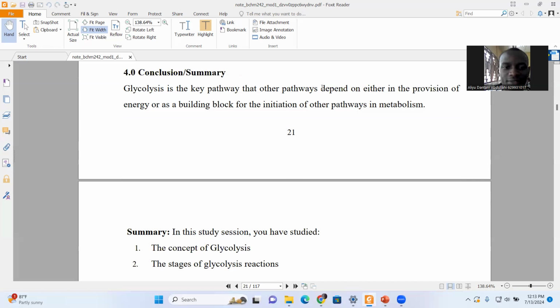They depend on it for provision of energy or as building blocks for initiation of pathways in metabolism. It's either production of energy, catabolism, or biosynthesis of molecules, that's anabolism. Basically, this statement just described metabolism.